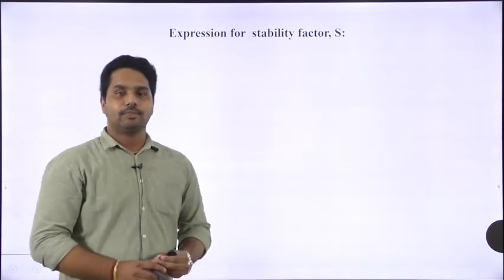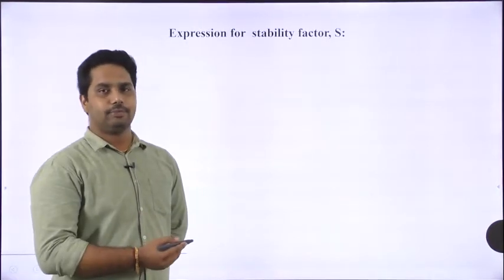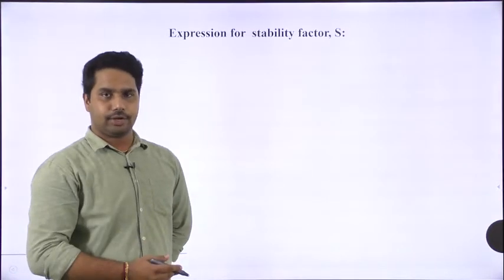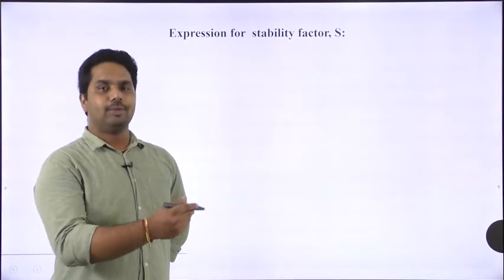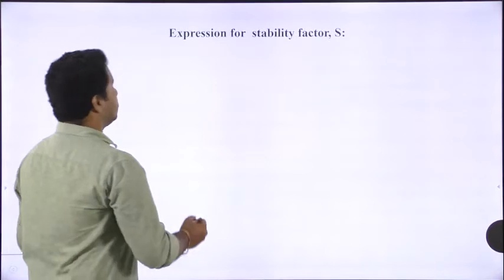Let us have a general expression for this stability factor, so that the expression can be applied to the upcoming biasing circuits. It will be easy to find how much stability factor each circuit achieves. So, the expression for stability factor, a general expression.